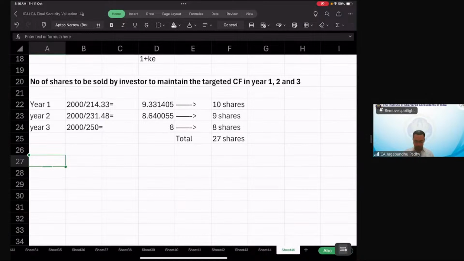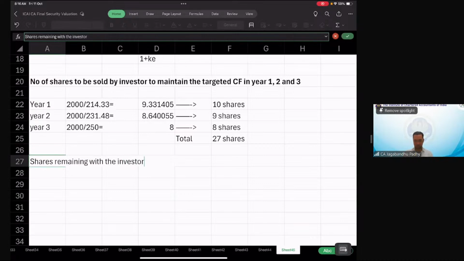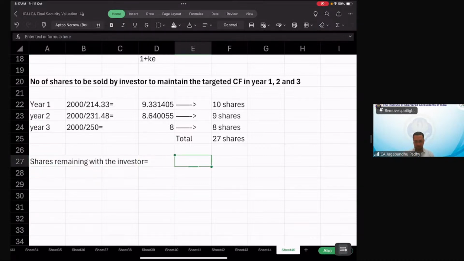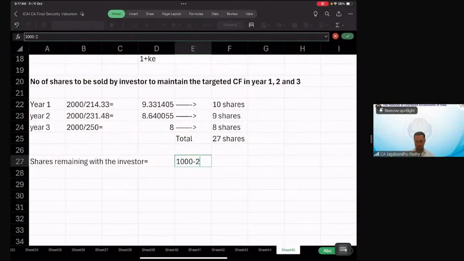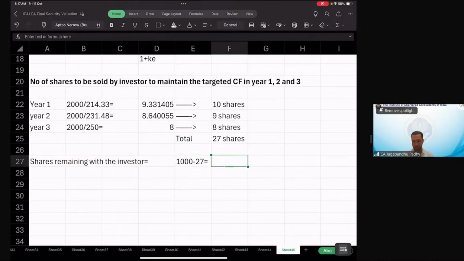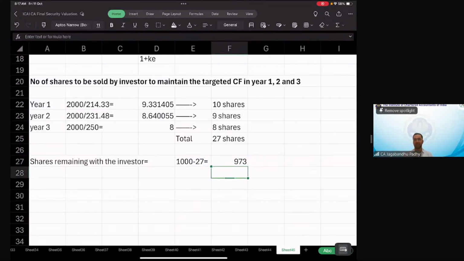So total shares remaining with the investor. Originally, how many shares did he have? 1000 shares. So out of 1000, 27 have been sold by him. So we still have 973 shares.